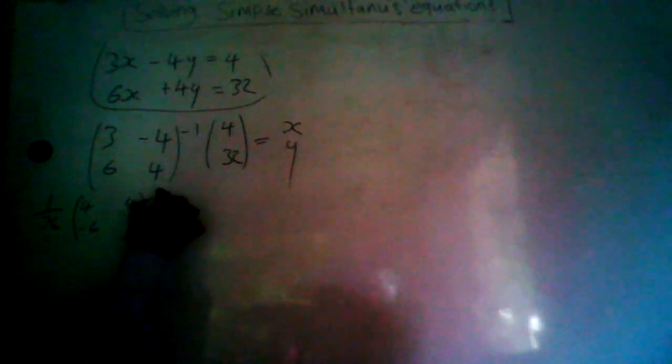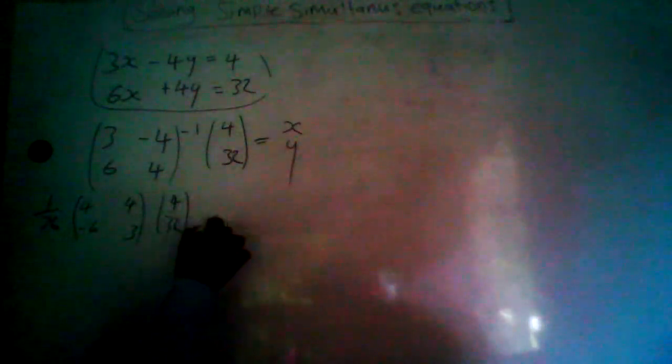We'll interchange the leading diagonal and all that. We will have 4, 4, negative 6, 3, times the solution matrix equal xy.